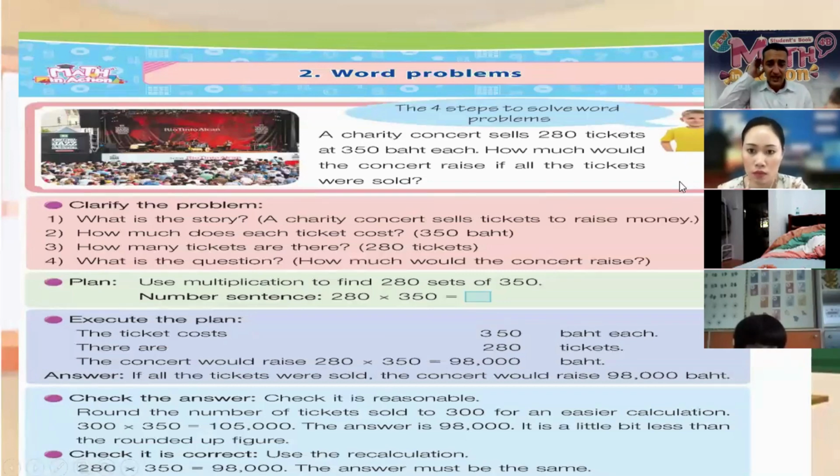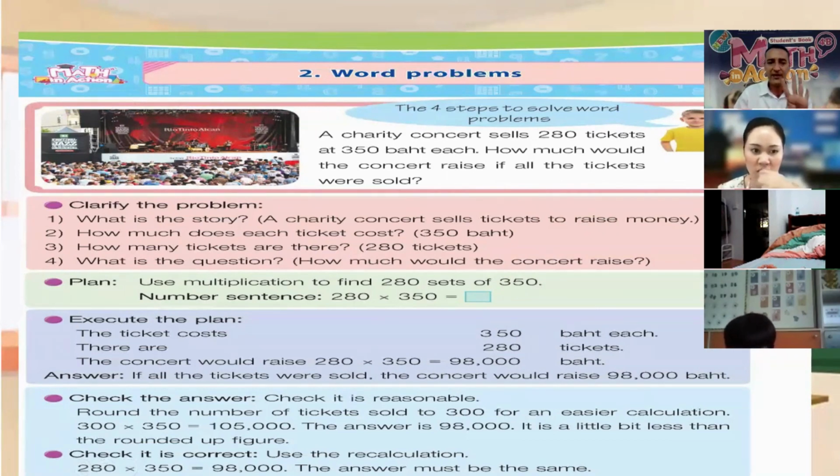Okay, now here, just to make it a little bit clearer, students, about word problems. As we already learned in the first semester about problems for addition, subtraction, division, and multiplication, here we are going to use the same method.